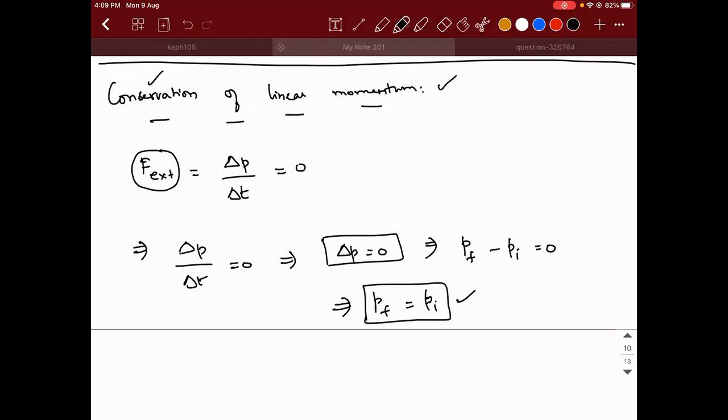When the net external force acting on a system is zero, then the linear momentum of the system is said to be conserved.